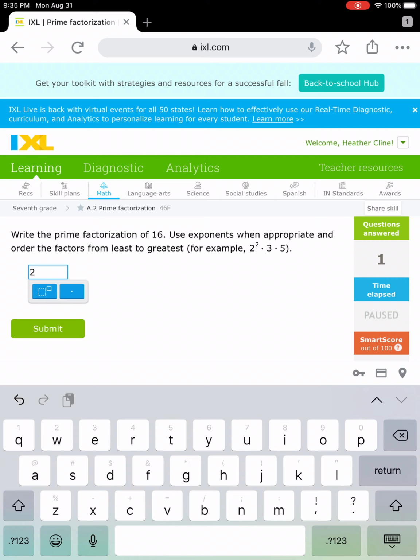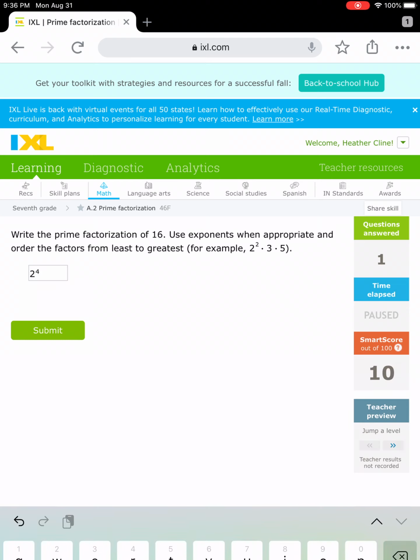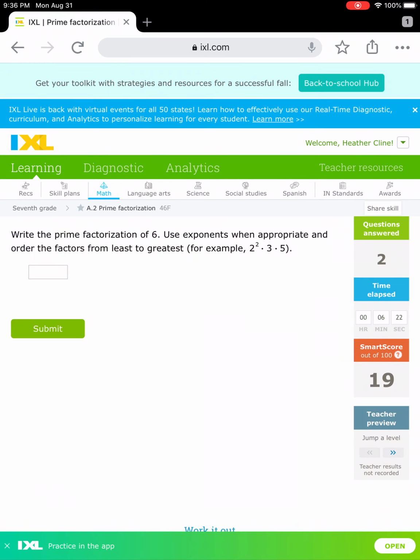So I've got the box on the left. That's going to make it so you can put your exponents in. The box on the right is the multiplication symbol. So when you do the factorization of 16, you are going to get 2 to the 4th power. So I'm going to hit the 2, and then you have to hit this box, and you'll notice another box pops up to the 4th power. Okay?